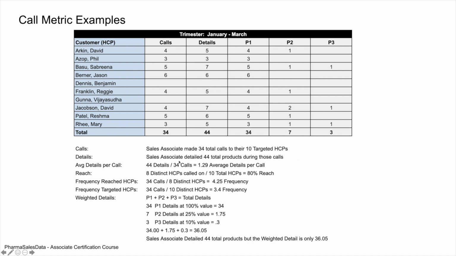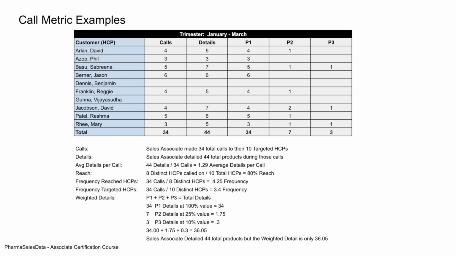So again, as we discussed previously, your associate made 34 calls to 10 targeted HCPs. They detailed 44 products. Their average details per call is 44 details divided by 34 calls for a 1.29 average. The reach is 80% because they called on 8 distinct HCPs out of a total of 10.